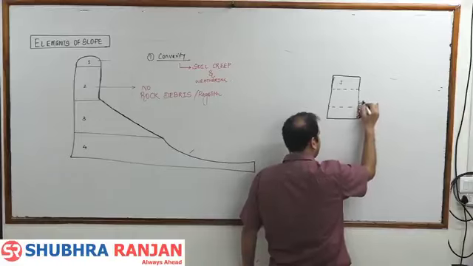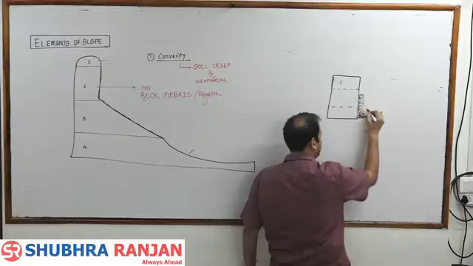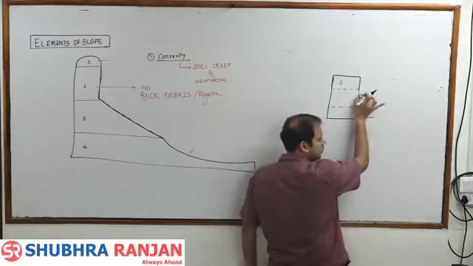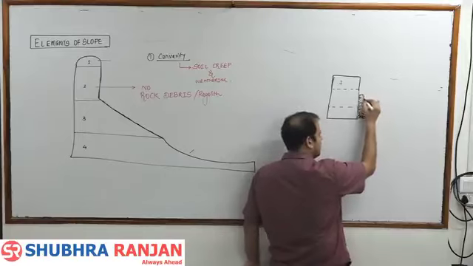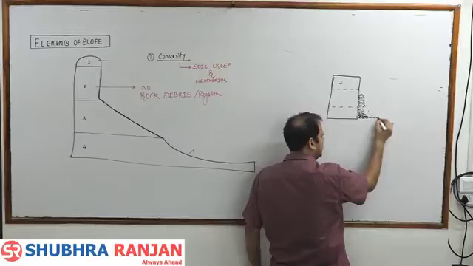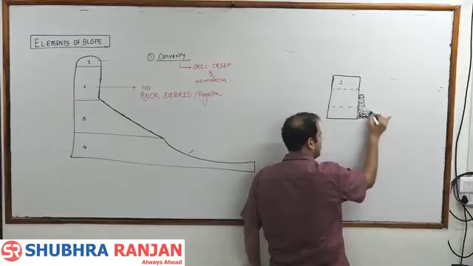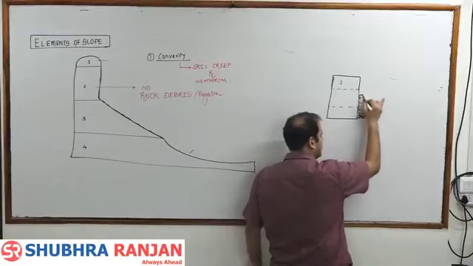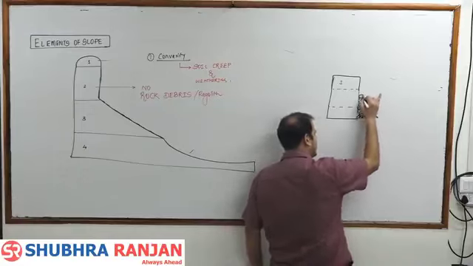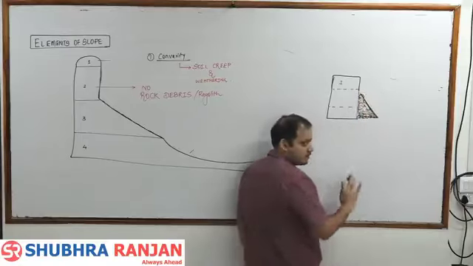Once they become finer, they fall from here and accumulate here. First big stones, then due to weathering they become finer and accumulate here. Next time when weathering happens, this soil will keep building up, and thus a constant angle phase will form, which is known as a rectilinear phase.